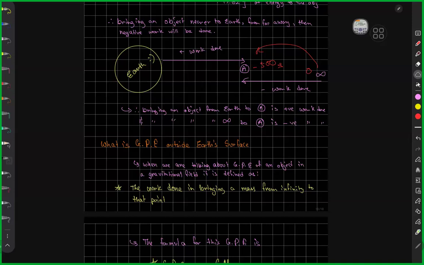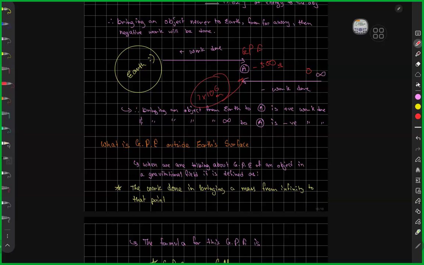So, what is GPE outside Earth? The real definition: it is the work done in bringing a mass from infinity to the discussed point. So, if I am talking about this point, which is 1 into 10 to the power 6 meters away from Earth, what is the GPE in this position?